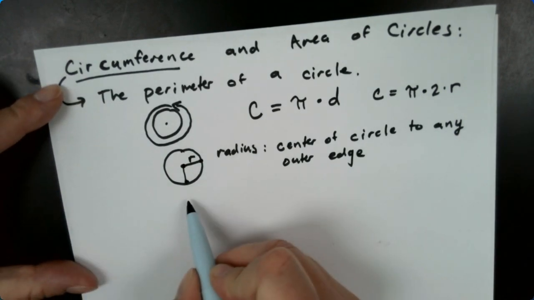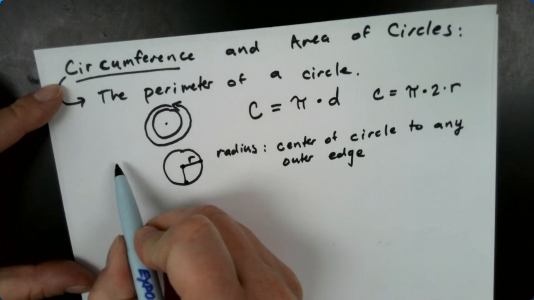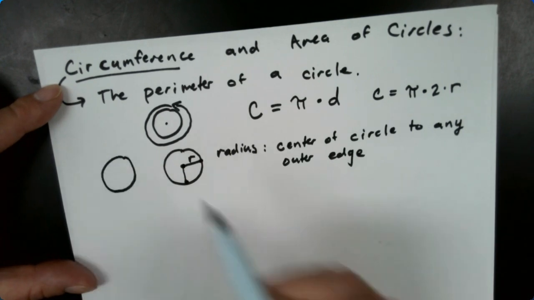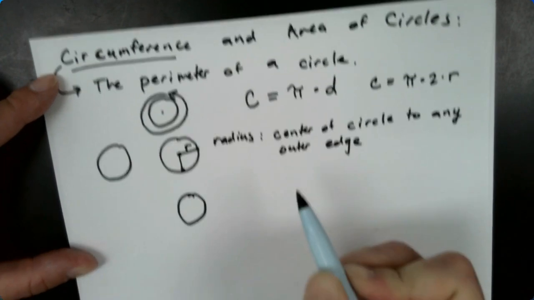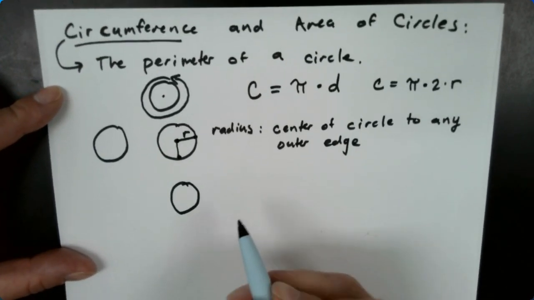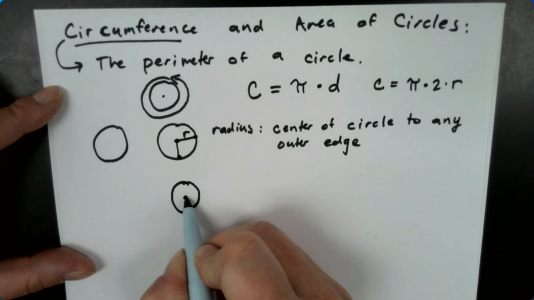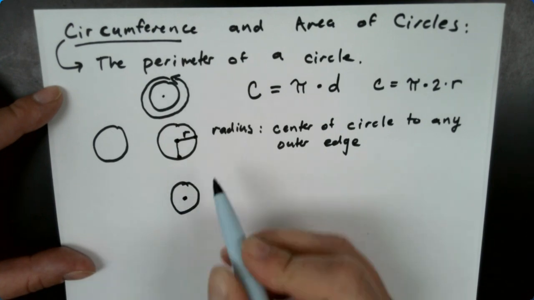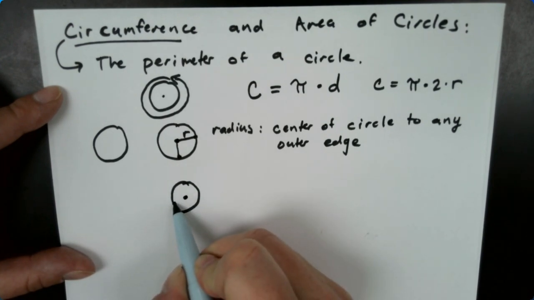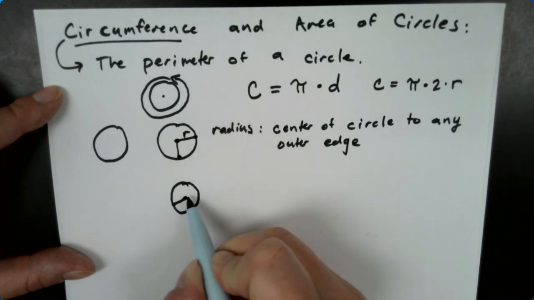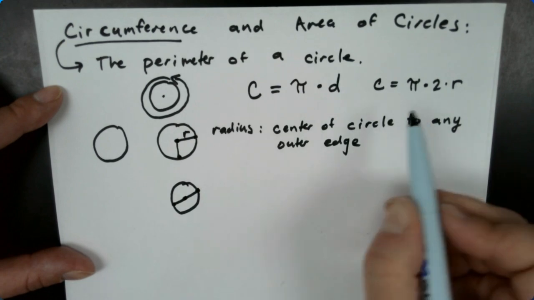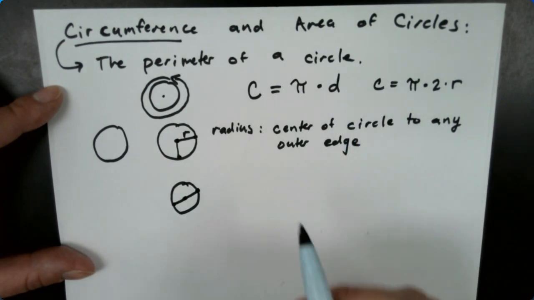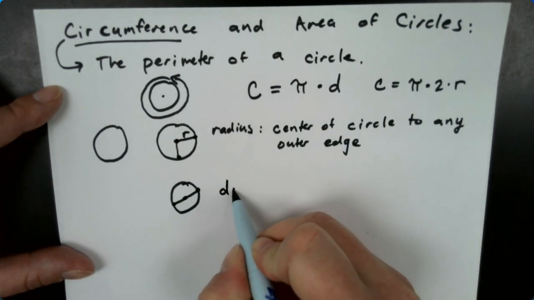Okay, then let's go over here. Let's just draw another circle. Maybe I should draw it down here so we have some space. So if we have a center of our circle and we go from one side all the way through the center to the other side, that's the other measure that we have. That's the diameter.